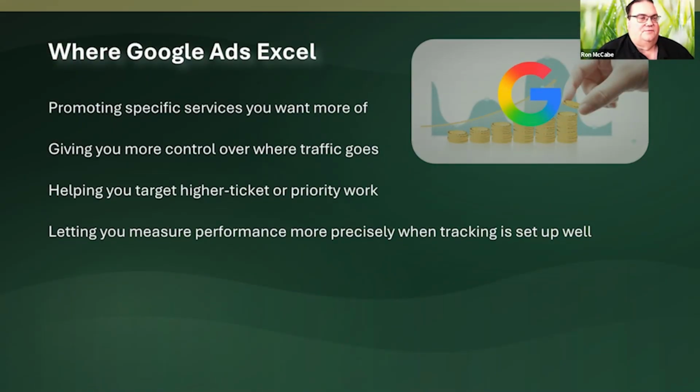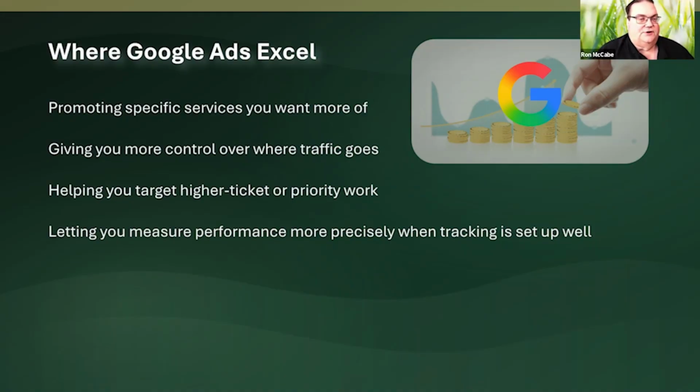So what people like is you can promote specific services. You can get more control over the traffic of leads because of that. And Google Ads tends to be higher ticket or priority work.